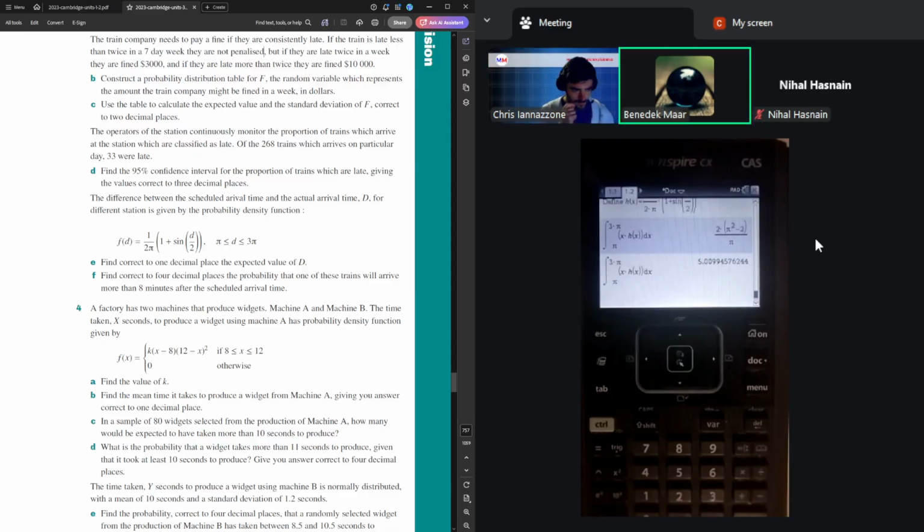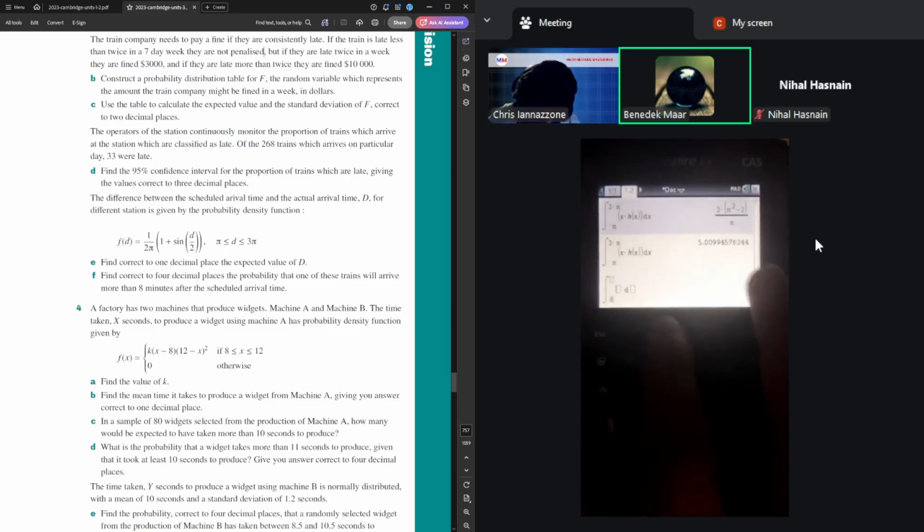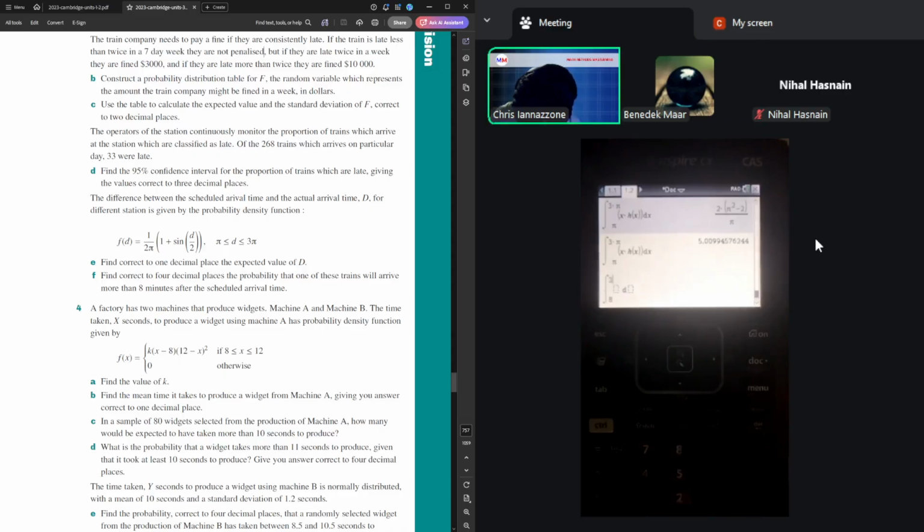Would it be an integral from 8 to 3 pi? Sounds pretty good to me. 8 to 3 pi of just the function. Whatever comes out of that.